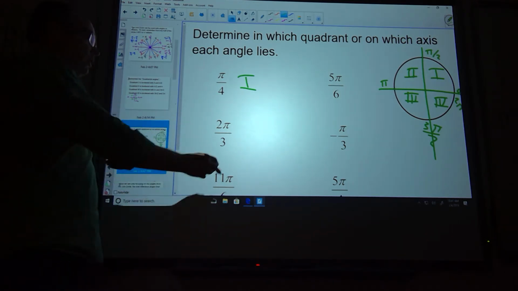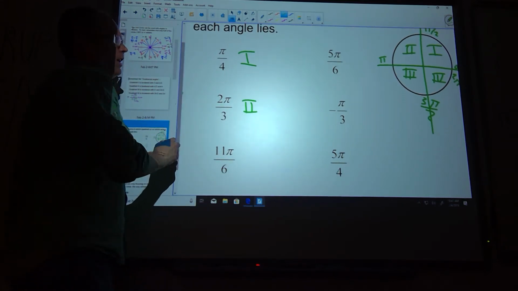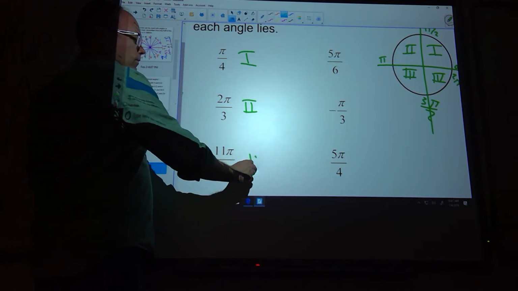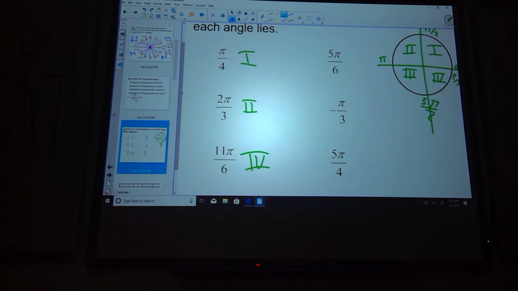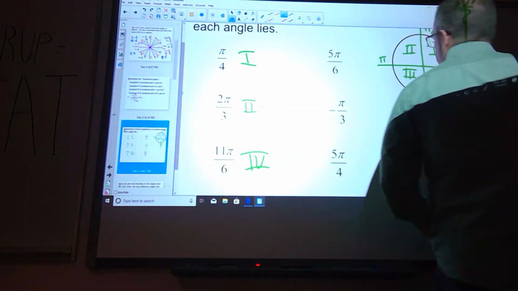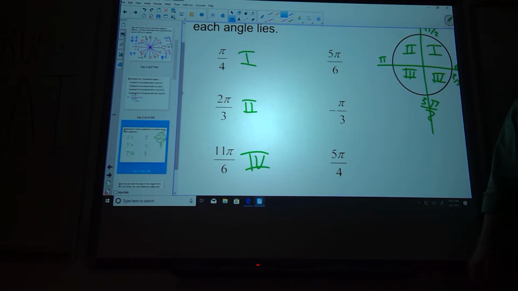It's got to be in quadrant 2. Where is 11 pi over 6? So almost all the way back around to 2 pi. Quadrant 4. 5 pi over 6 is in quadrant 3 or 4? 3. I think it's 4.